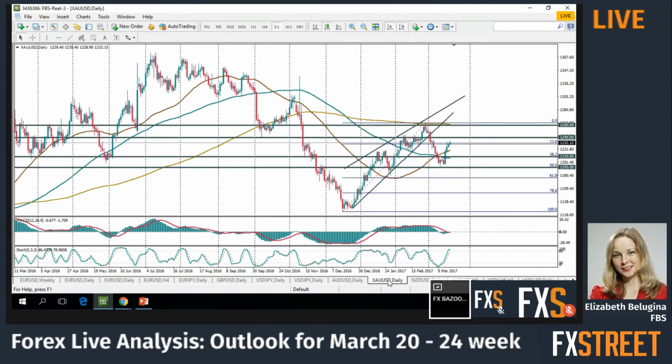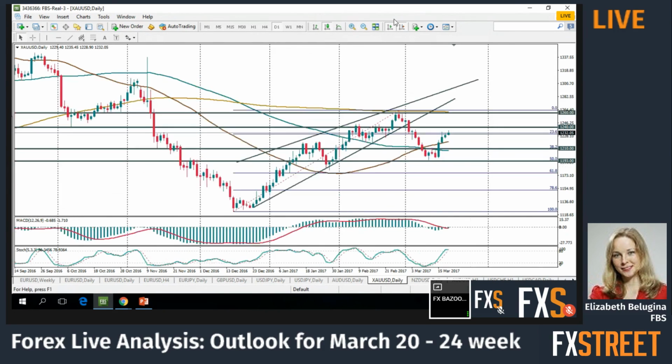And if we look at the price of gold, it has managed to strengthen after the Fed's meeting, and despite the fact that the asset got overbought, some further attempts to get to 1240, maybe a bit higher, are possible this week.